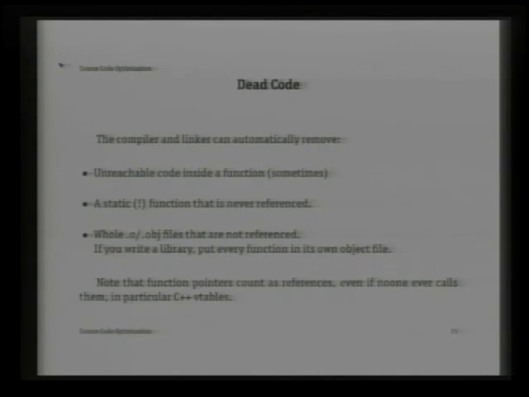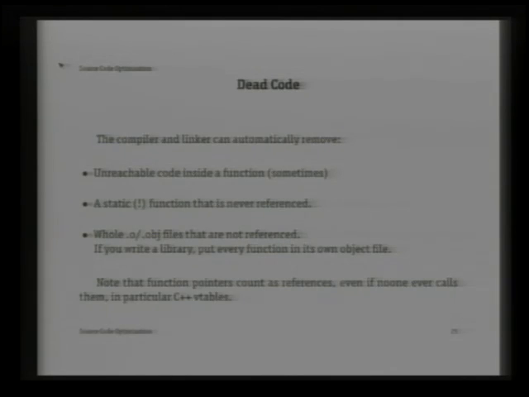One of the other things that people are hoping the compiler is doing for them is removing dead code. And the compiler and linker actually make some attempt to remove dead code. For example, if there's unreachable code within a function, so for example, you have a switch statement and you check for one element twice, then the compiler detects this, will probably emit a warning and not generate code for the second one.